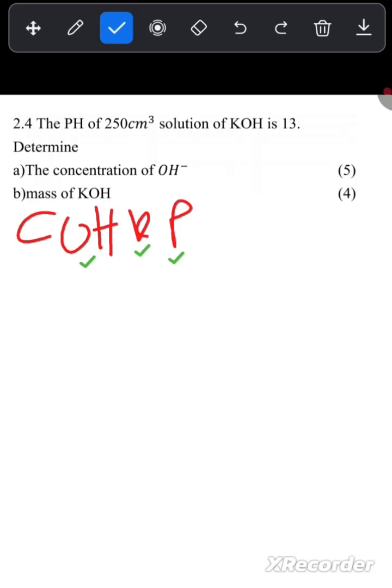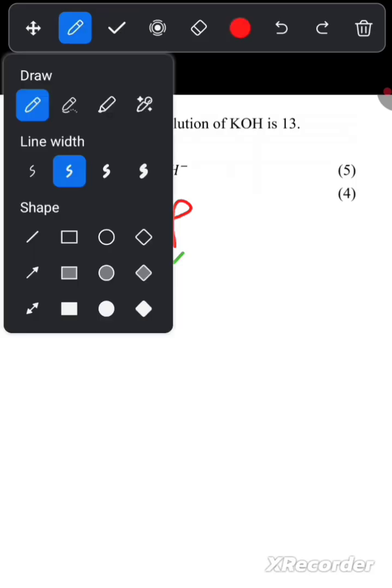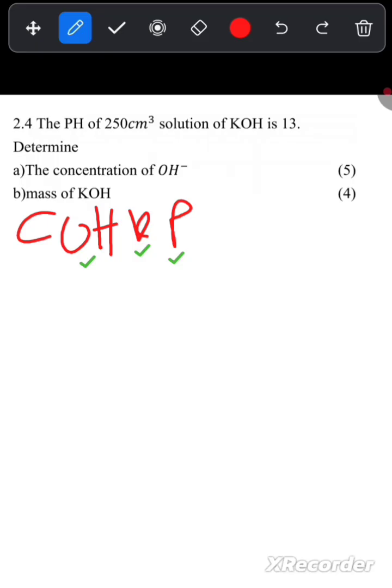Now, they want mass. If we want mass, I'm going to get concentration first, then use the formula that says concentration is equal to mass over molar mass times volume.